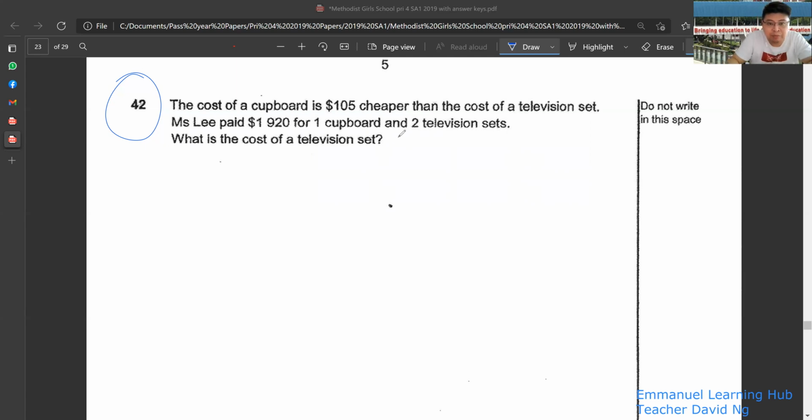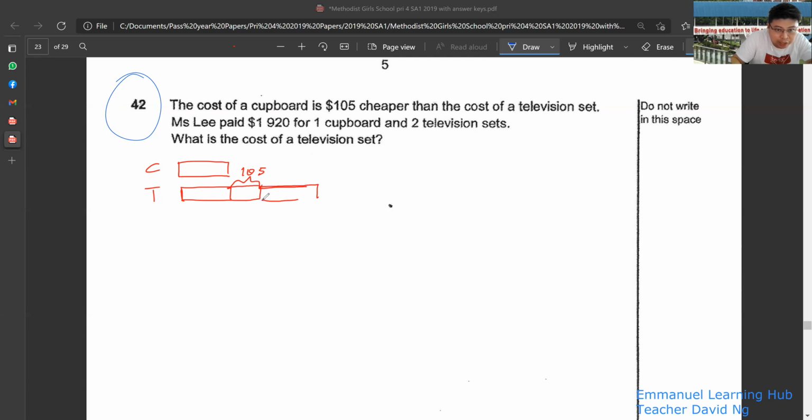You draw a model again. Cupboard, television set. Cost of cupboard is $105 cheaper than television set, right? So the television set is more expensive, right? So this part is $105. Miss Lee paid 1,920 for one cupboard and 2 television sets.